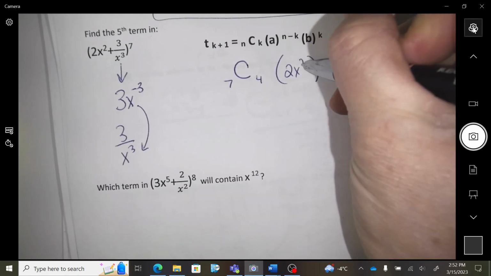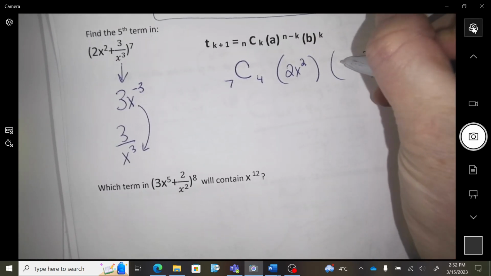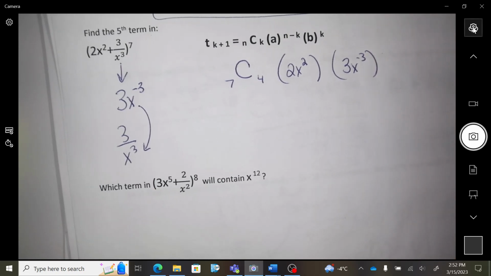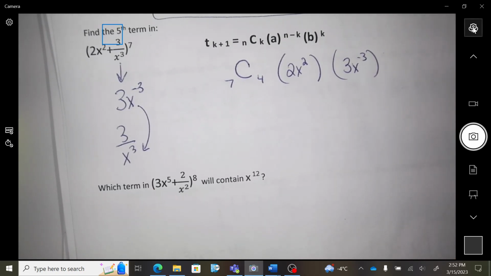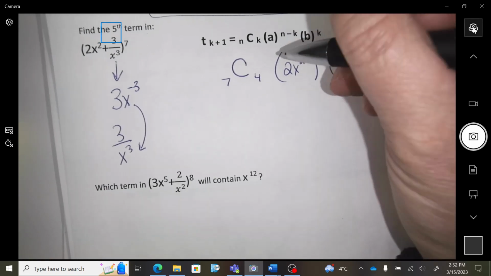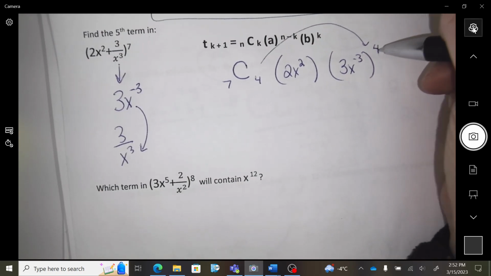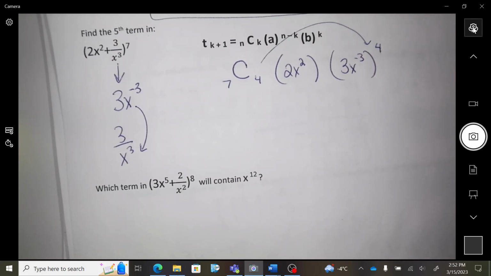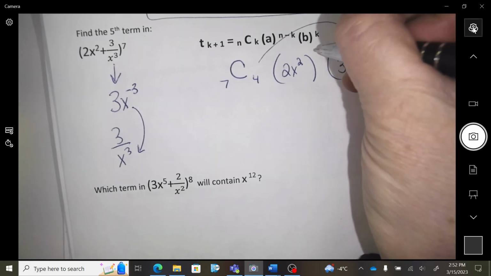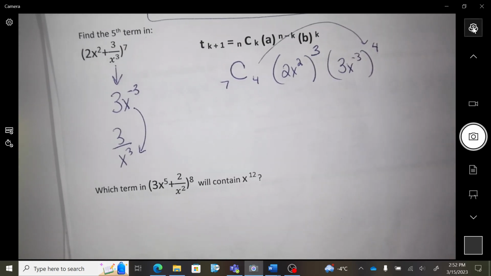So 2x squared is in the one. 3x to the negative 3 is in the other one. The outside exponent has to match the choose number. So that's a 4, and then the inside exponent is a 3.